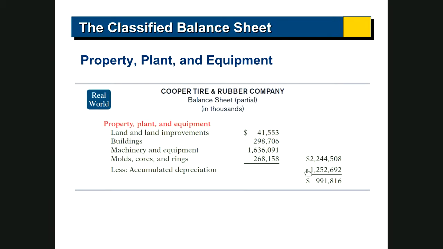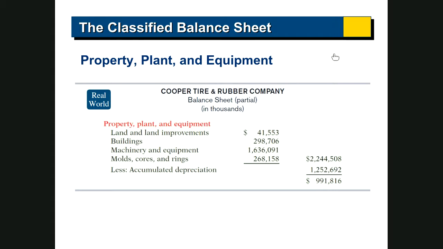The historical cost or the purchase price was 2 million something, and the accumulated depreciation is 1 million something, meaning you have almost used half of the life of the assets, and now the net value is a little bit less than 1 million, right? So the property, plant, and equipment continuously depreciates every year, right?